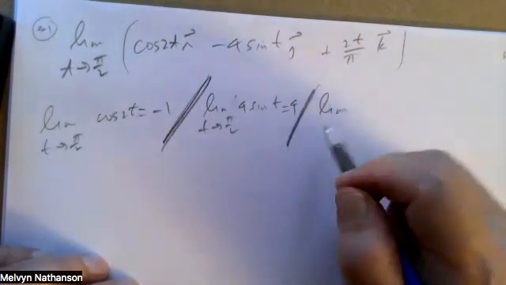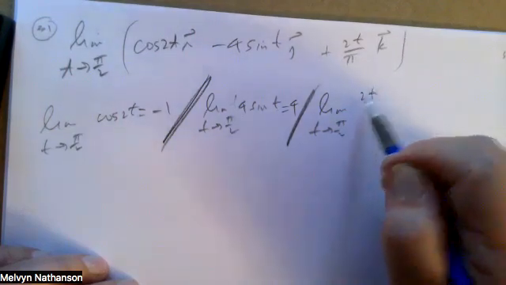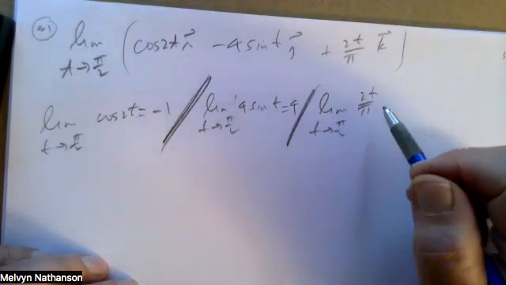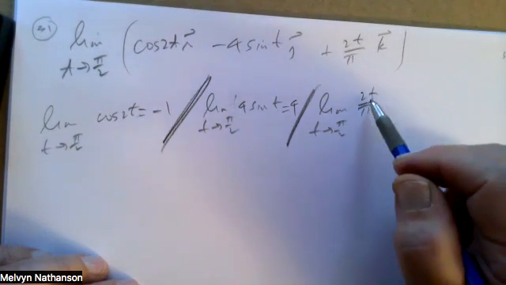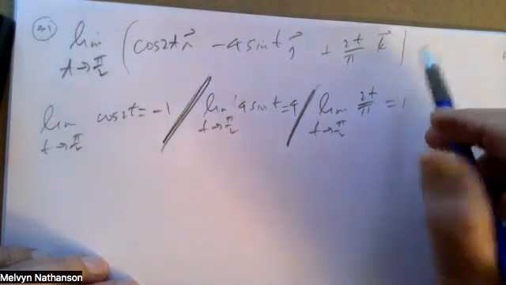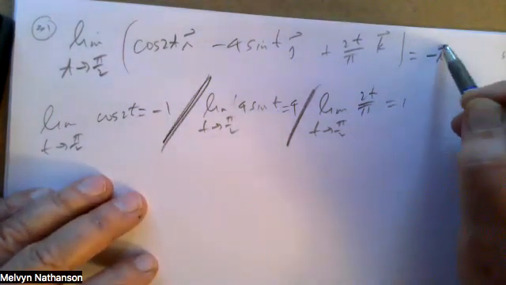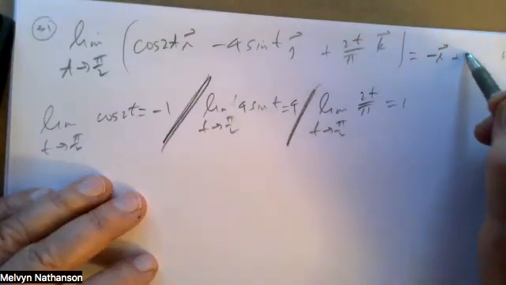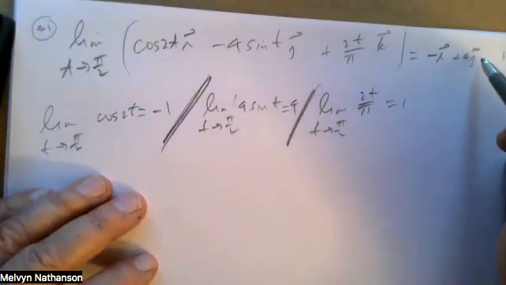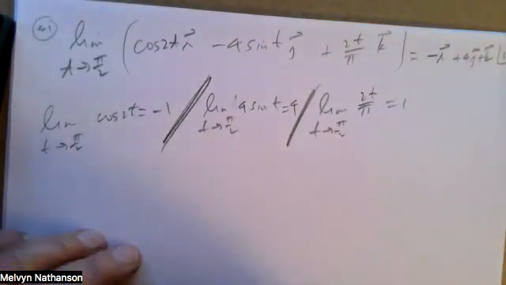And the limit as t goes to pi over 2 of 2t over pi, well, this is 2 over pi times pi over 2, which is 1. So this limit is minus 1 i plus 4 j plus k.